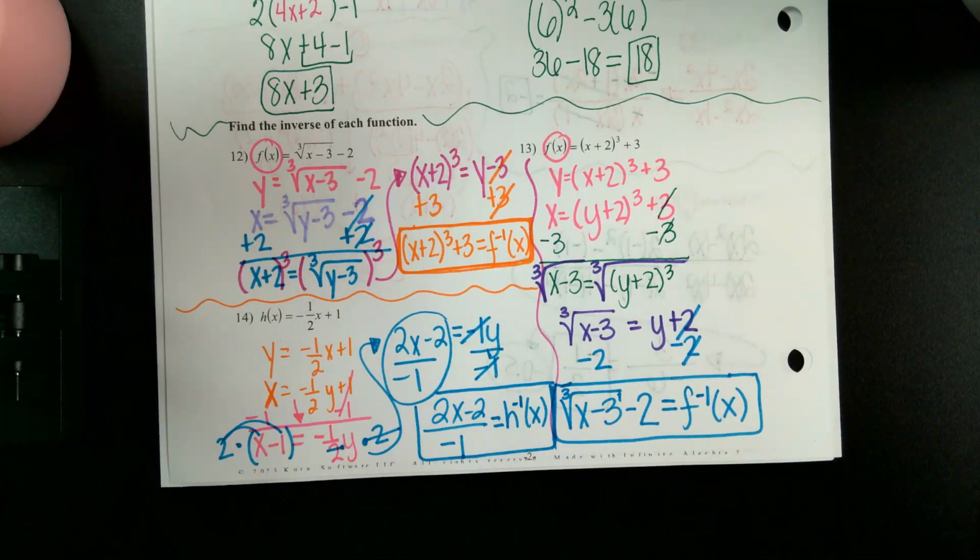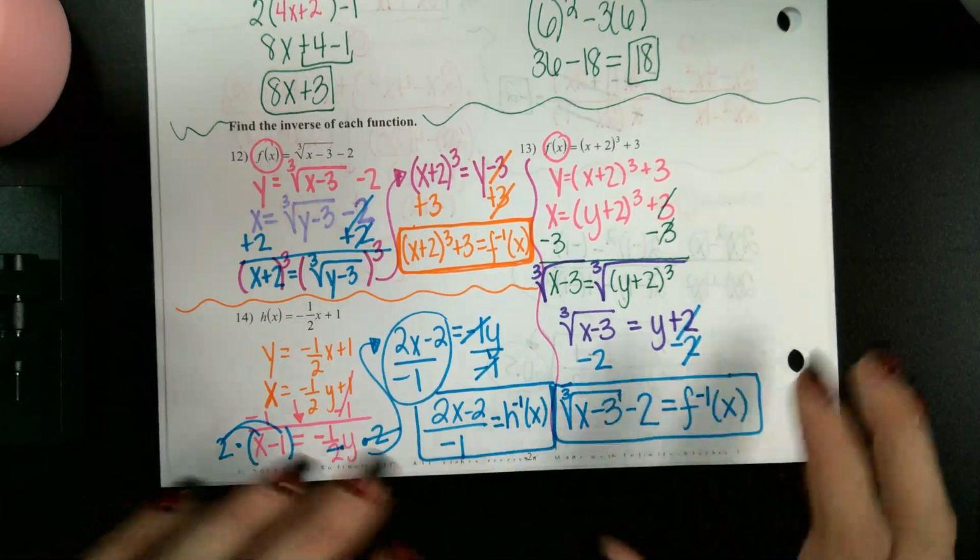are they functions? Well, they're both functions. We know that because a quadratic and a square root would both pass the vertical line test. So your answer on 15 and 16 for is it a function? Yes.